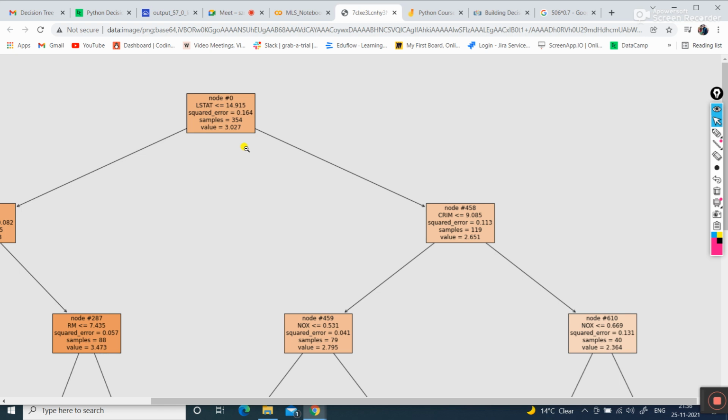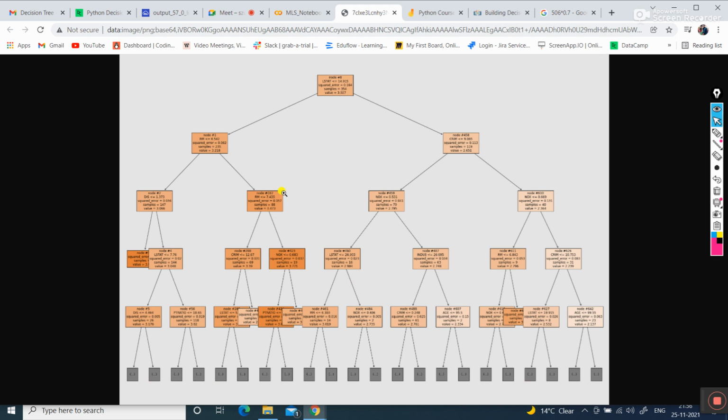This is all compared against our y variable, the dependent variable, which is our median house price.